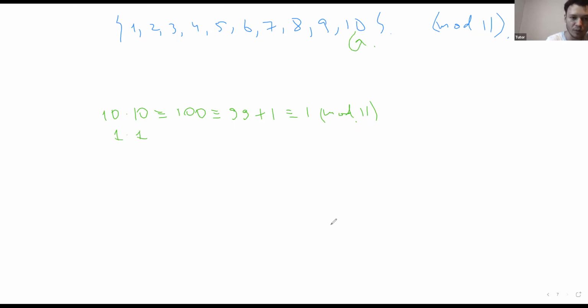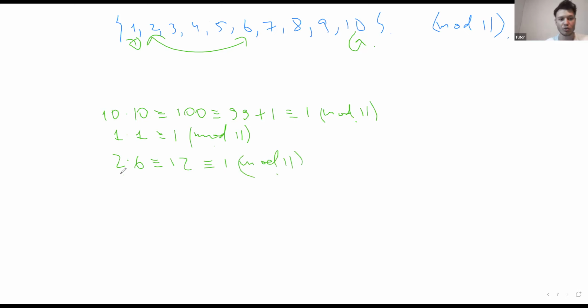Similarly, 1 times 1 is congruent with 1 mod 11, so 1 gets paired with itself. But what are going to be the modular inverses of all the other numbers? Well, what about 2? 2 times 3 is 6, 2 times 4 is 8, 2 times 5 is 10, 2 times 6 is 12, which is congruent with 1 mod 11.